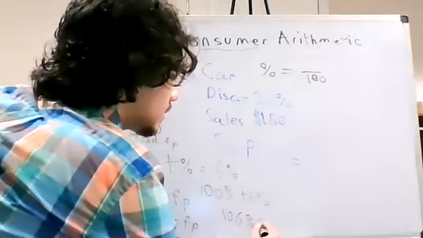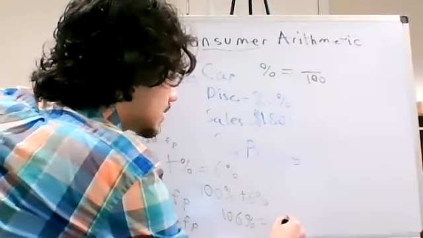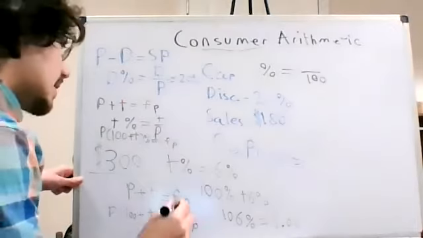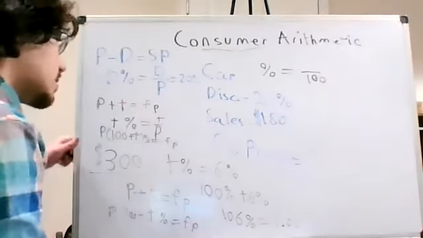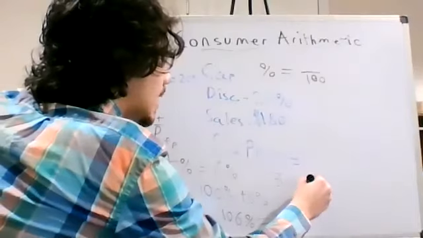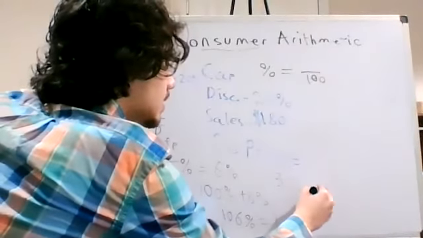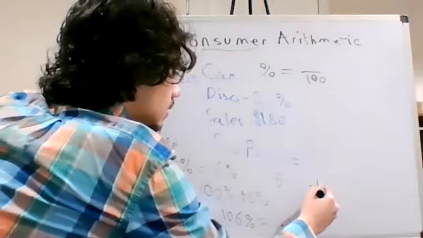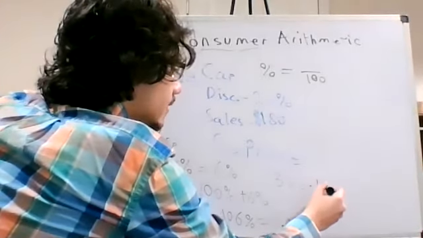Very good. So what we want to do is that we take our price, which is 300, and we multiply it by 1.06. Could you find the answer for that, please?